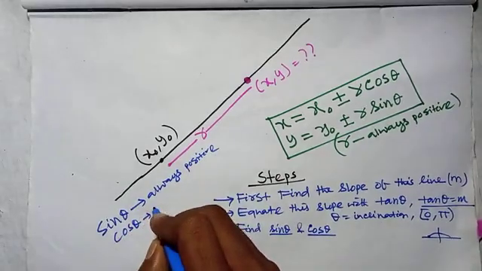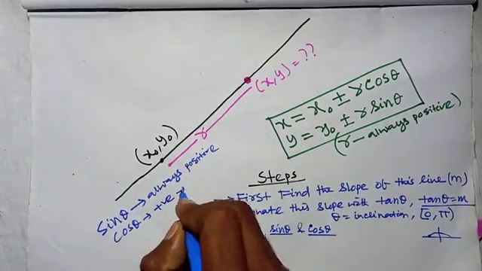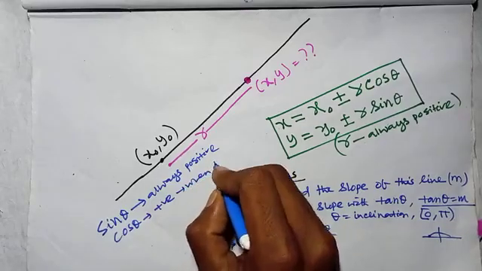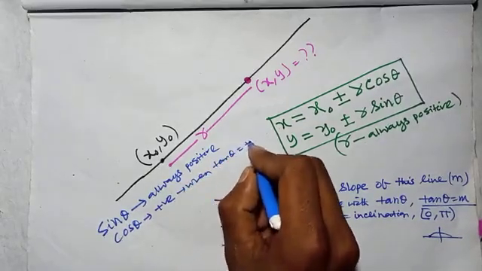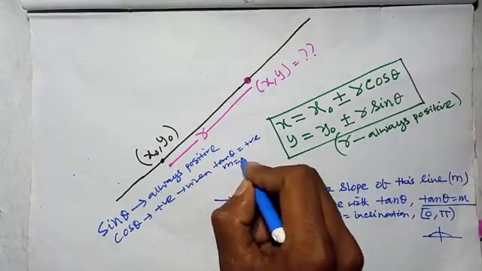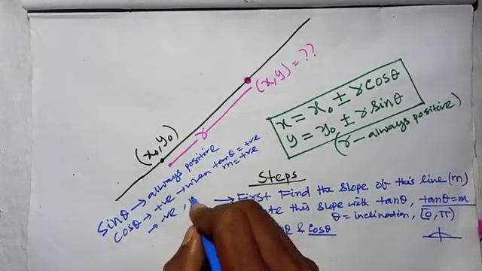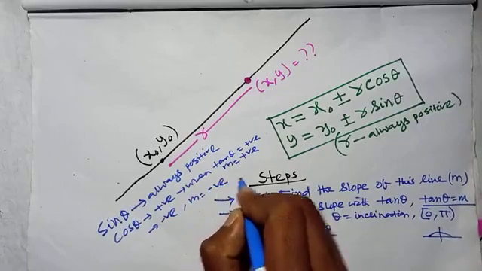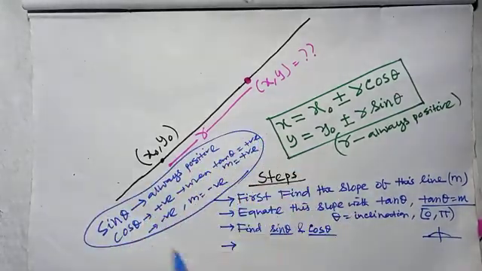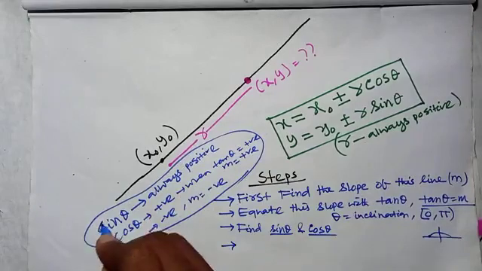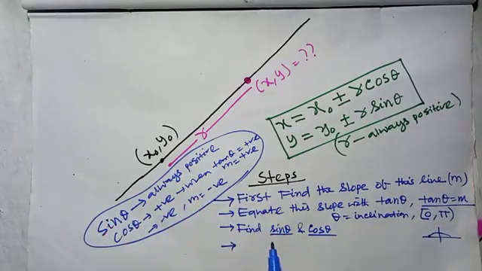Cos theta is positive when tan theta is positive, that means when m is positive, and cos theta will be negative when m is negative. But you have to take sin theta always positive.